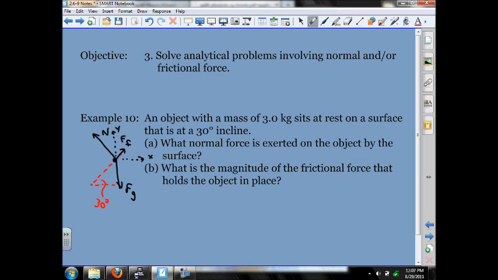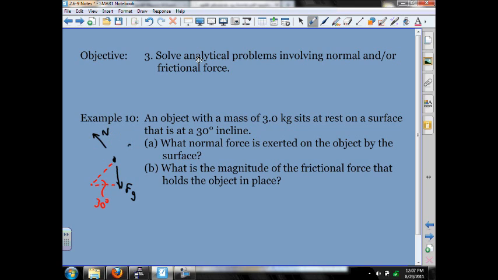All Y, right? Okay, that's good because then we don't have to use sine or cosine or anything. What about friction? Both. What about normal force? Both. Notice we have two that are both, and only one that's all in the Y, which is why we're going to rotate our axis.